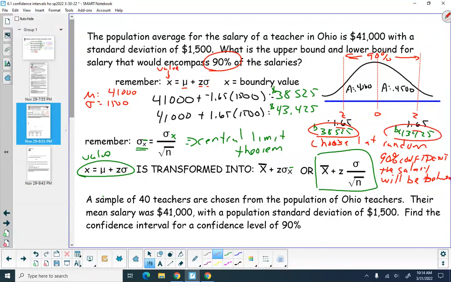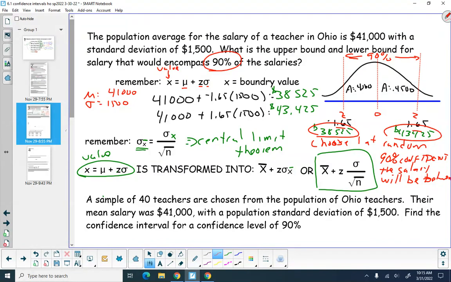If you chose a teacher at random, you would be 90% confident that their salary will be between these two values. Why? Because 90% of the salaries lie between these two values. We're 90% confident that when I choose somebody, their salary will be between those two values.